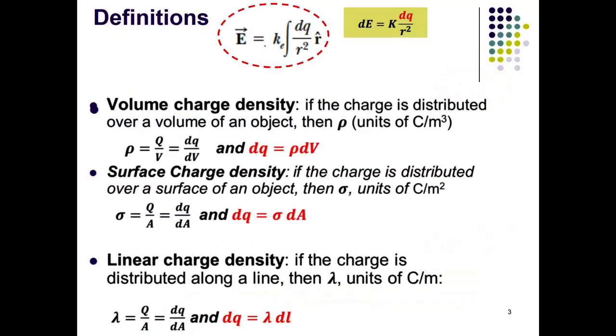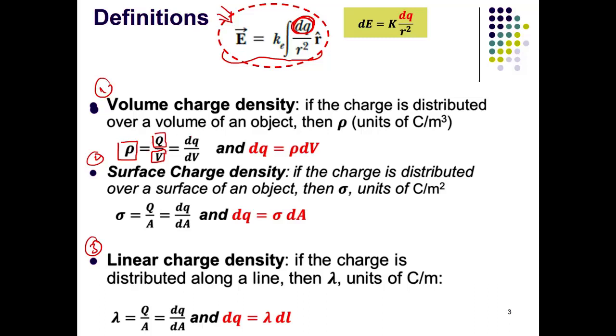So let's go to the next slide and try to explain this more. This is our equation again, and we have this dq. In order to apply the whole equation, we use density. We have three kinds of density. In the first one, volume charge density rho is equal to Q divided by the volume of the object that's given in the problem.